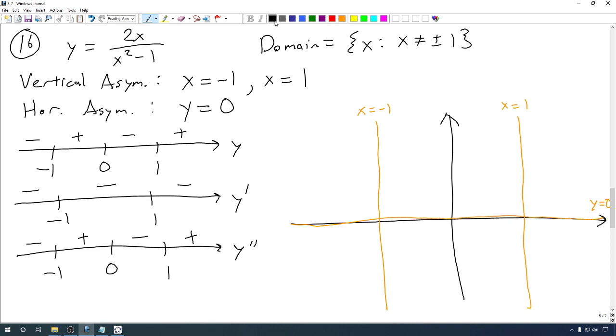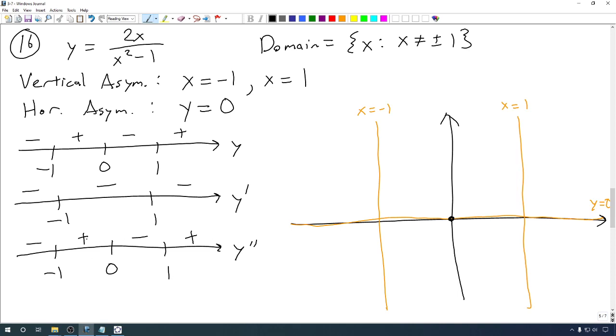We want to identify any special points. Well, the only point that we got on our number lines that was not corresponding to a discontinuity was at 0. What happens at 0? Well, it's a place where the y equals 0. So that is not only the only x-intercept for our function, but it's also the only y-intercept.